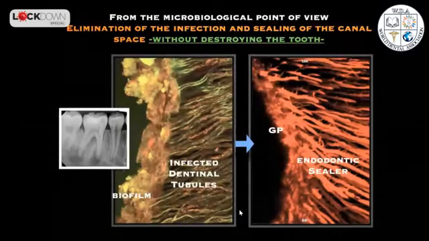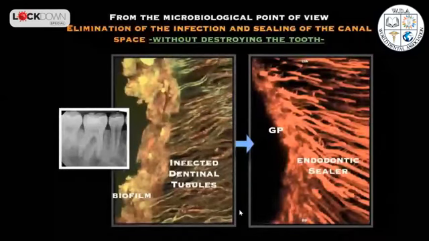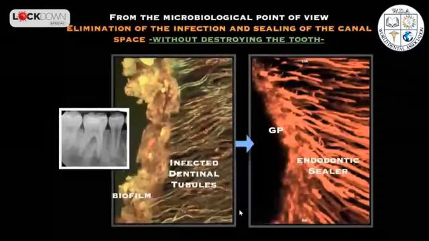This biofilm, as Dr. Nilakantan just mentioned, can produce the EPS. And this EPS can react with our antimicrobials, especially some concentrations of sodium hypochlorite, which can be depleted because of this biofilm.